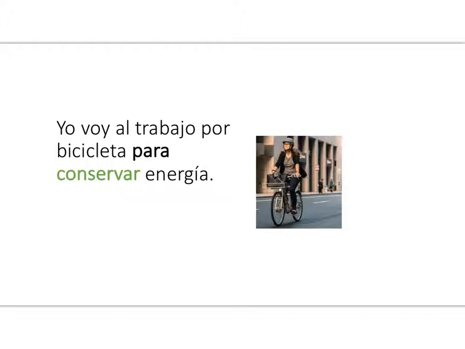We're using por here because why? Do you remember the rule with por and bicicleta? Por tren, por carro, por bus, por Uber, por Lyft, por taxi, por avión. We use por with what? All those examples with por bicicleta. Por is being used like by, indicating direction.